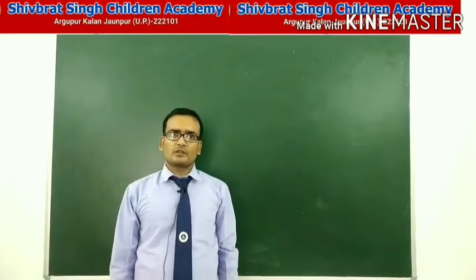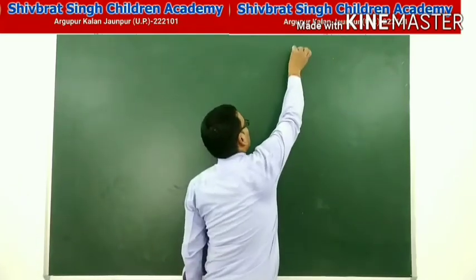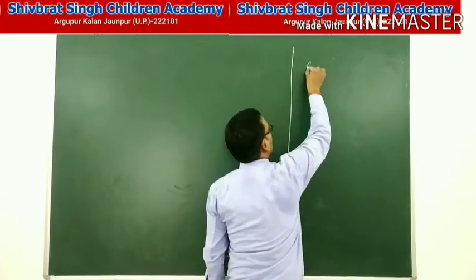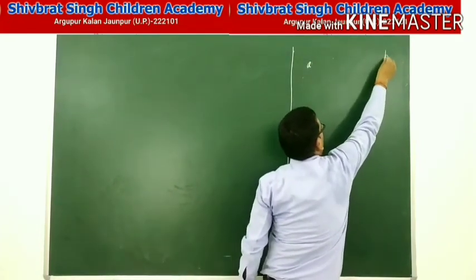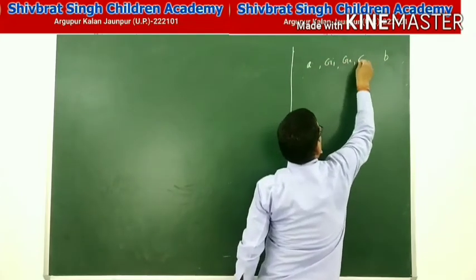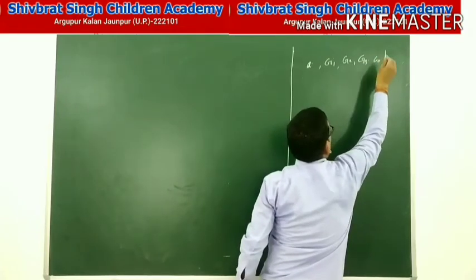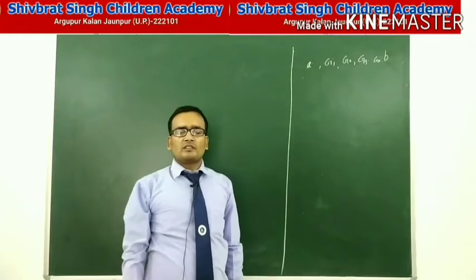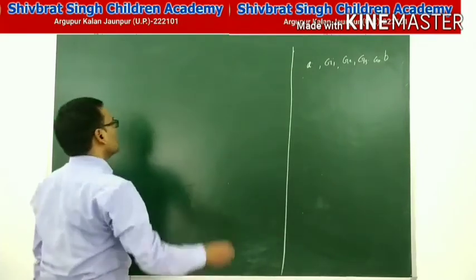In a previous lecture, we learned about the geometric mean, and we can insert n geometric means g1, g2, g3, and so on, gn, between two positive numbers a and b. Today we will discuss the geometric mean with the help of examples.